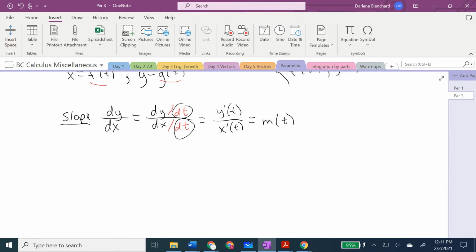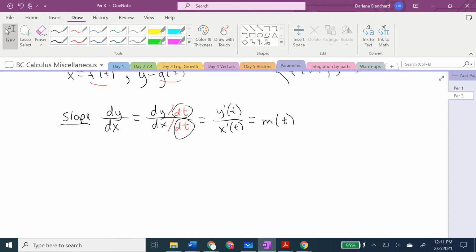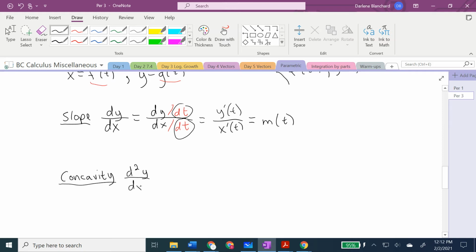Okay. So, concavity, first of all, if you want to know whether you have a concave up curve or a concave down curve, you need to know the second derivative of y with respect to x.